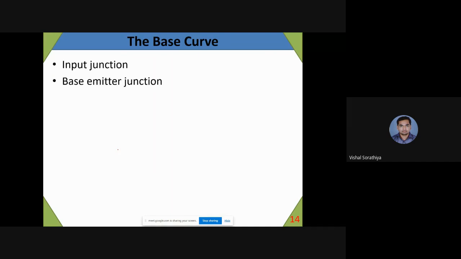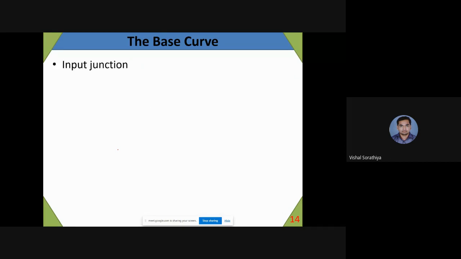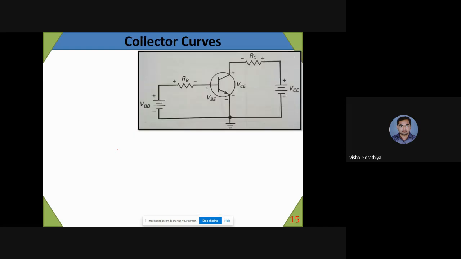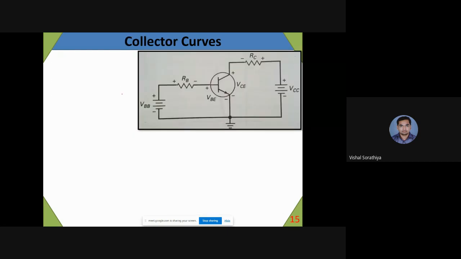So what is a transistor, the base curve, and all these things we have? We need to understand that over here. How can we find the transistor characteristic, what is the base curve going to be? Let me first go with this particular circuit, then I will come back to the previous slide.